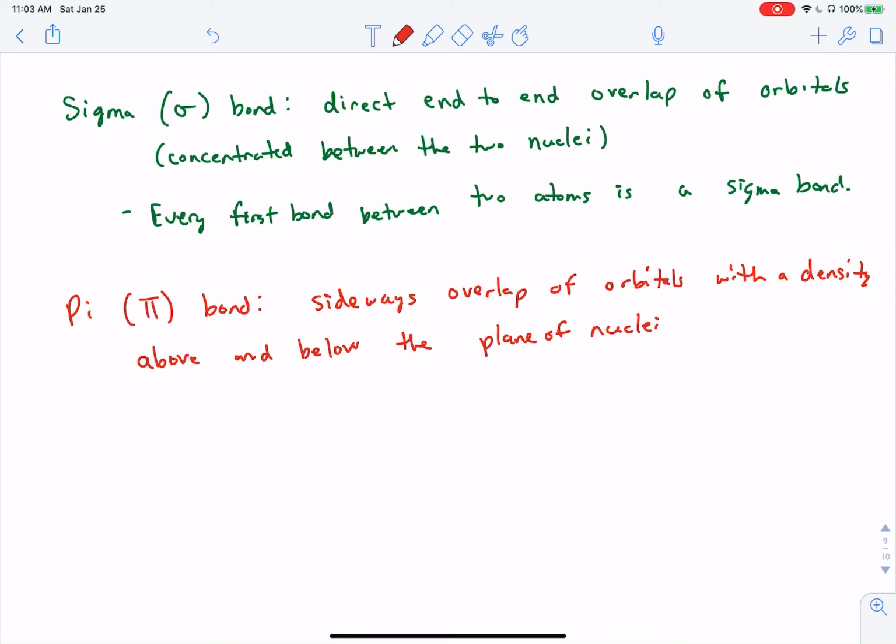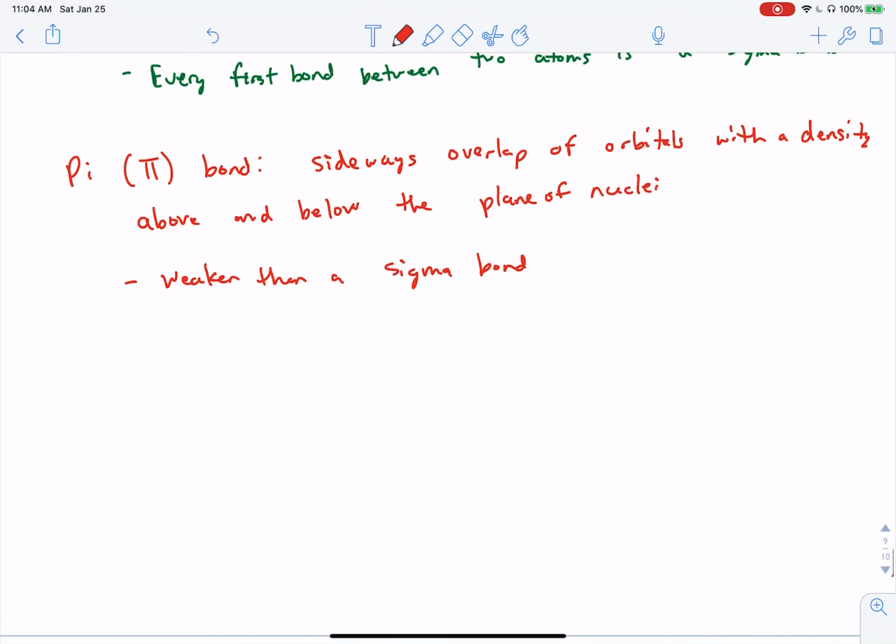And so that's why the pi bond is weaker. So it is weaker than a sigma bond. That's why a double bond isn't double the strength of a single bond, because a pi bond is already inherently weaker. Okay.